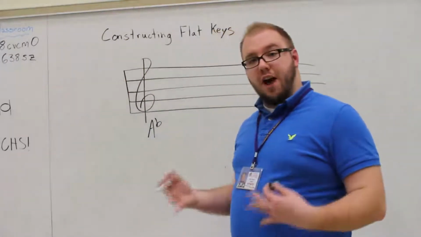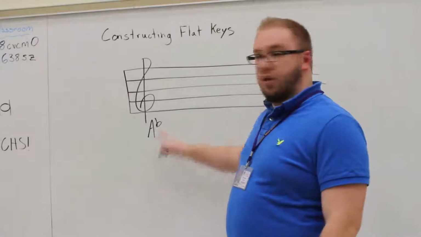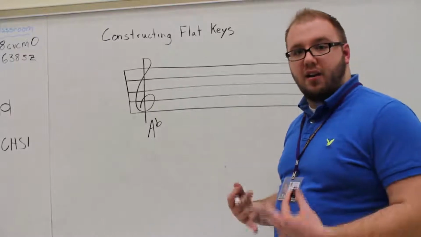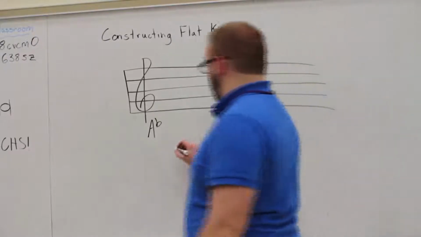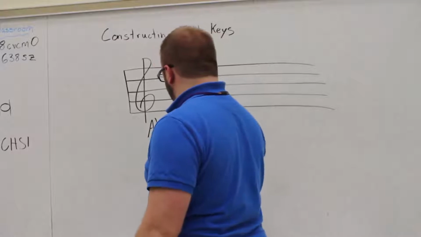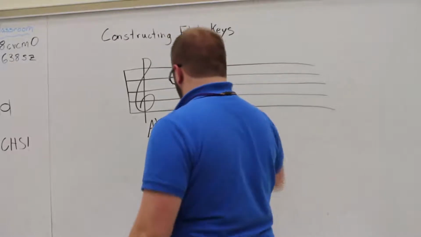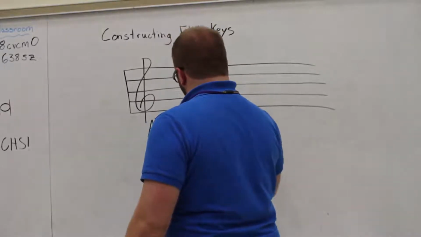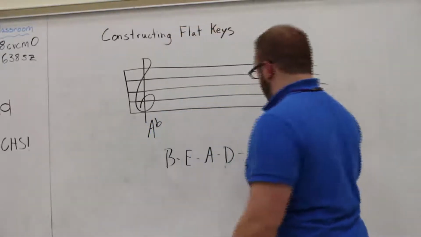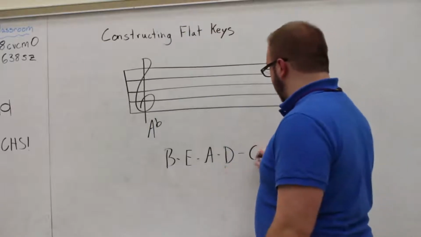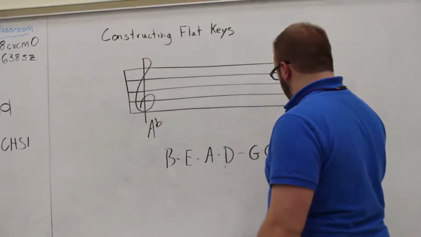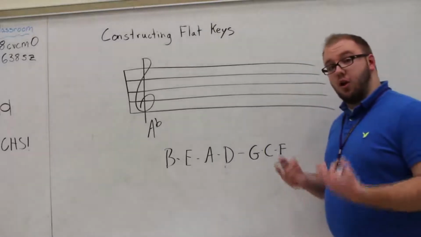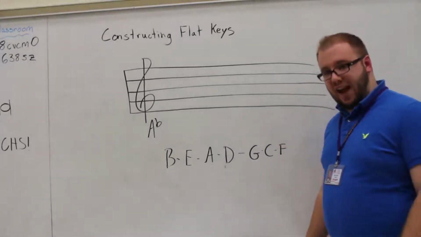To help us figure this out, we're looking for the key of A flat. Let's review our mnemonic device for flats: B, E, A, D, BEAD, greatest common factor, G, C, F. Now, we want the key of A flat.